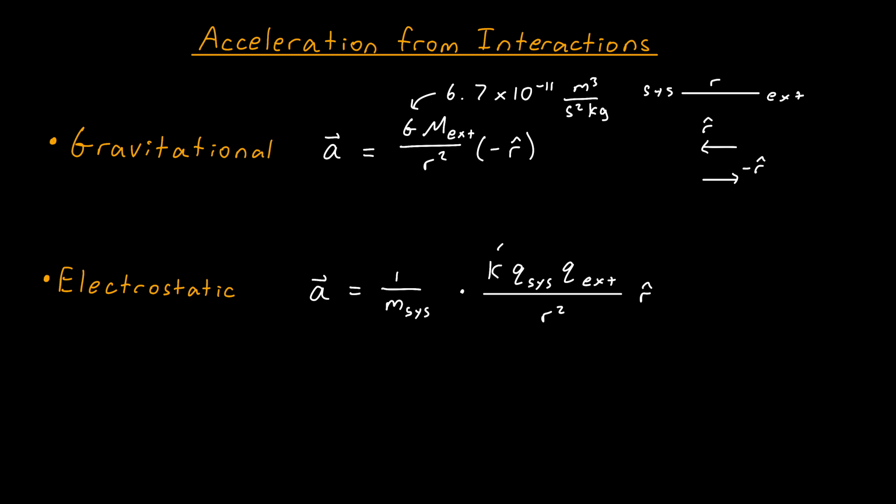Now, I should mention that Coulomb's constant over here has a value in SI units of 9 times 10 to the 9, and so that's going to be kilograms times meters cubed per second squared per coulomb squared. And coulombs are just the SI units for charge.